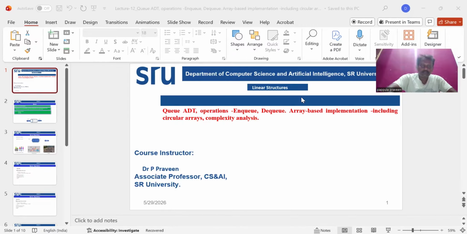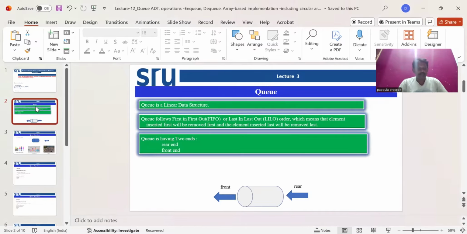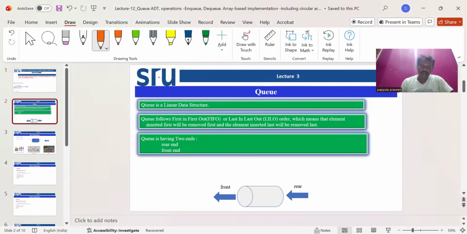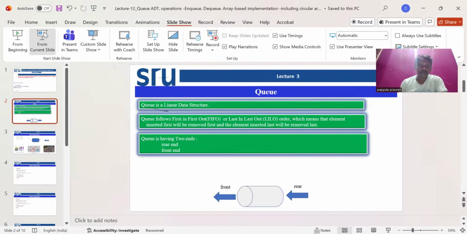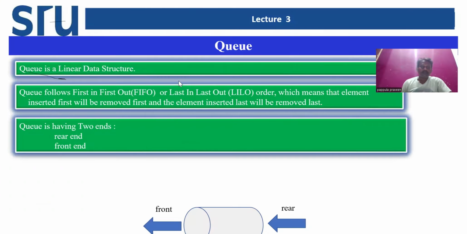Now, what is a queue? A queue is a linear data structure. Queue follows first in, first out.